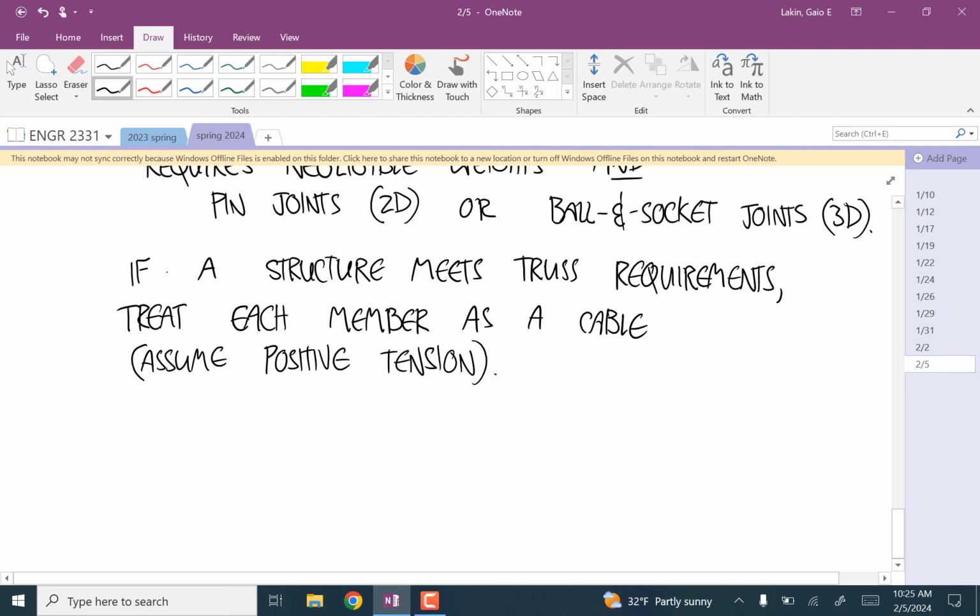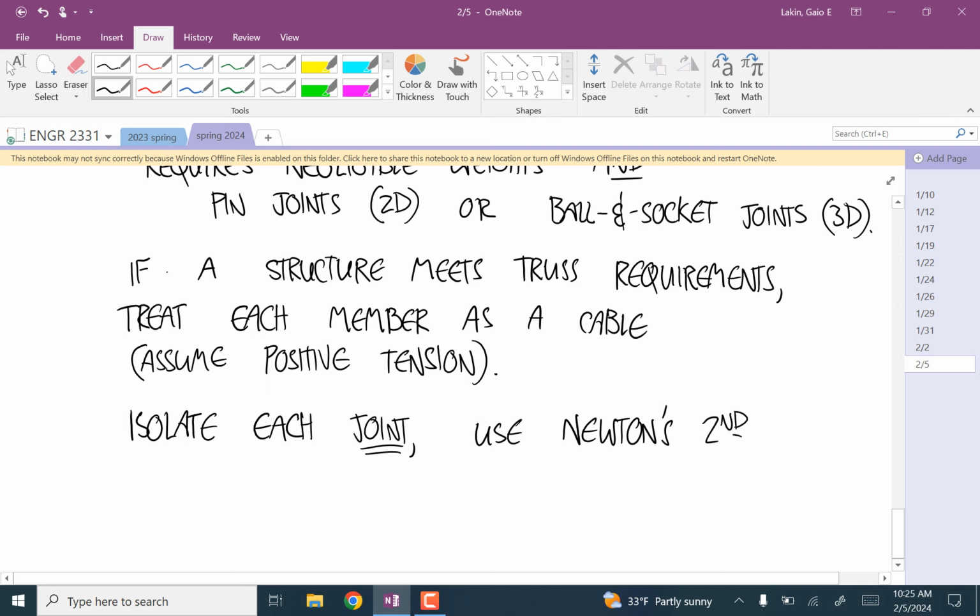And then isolate each joint, use Newton's second law, and calculate the positive, or you can also get a negative tension, which would mean this member is in compression.